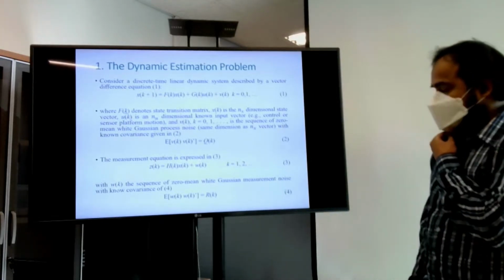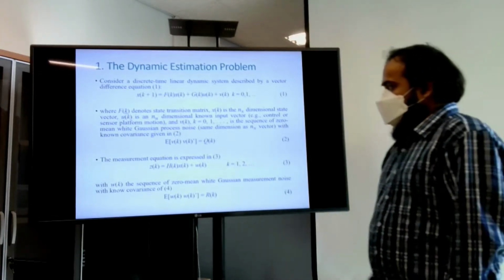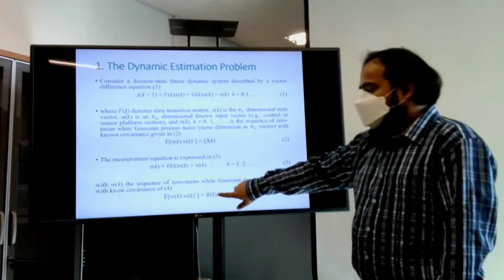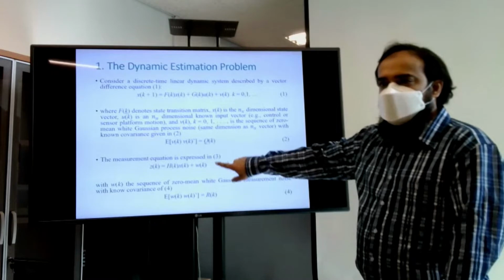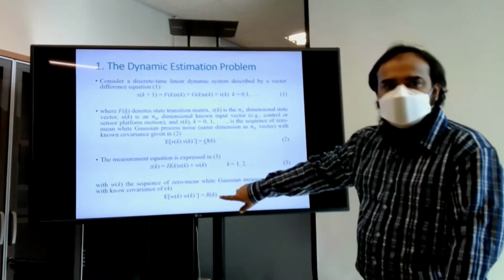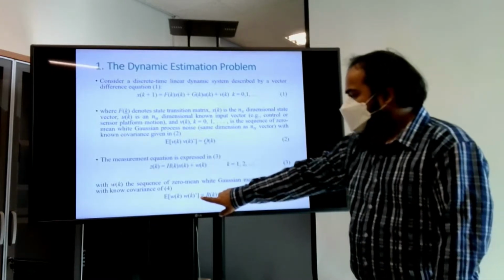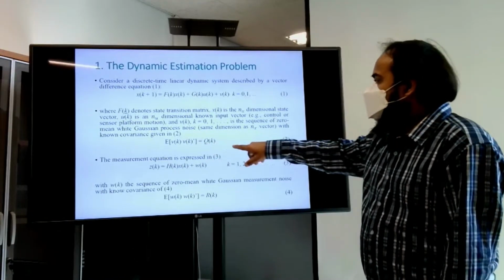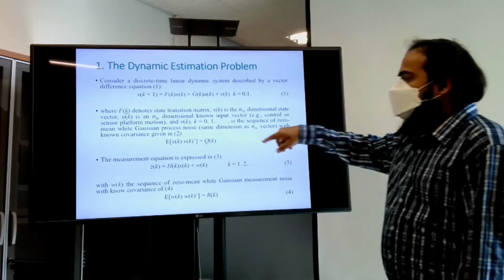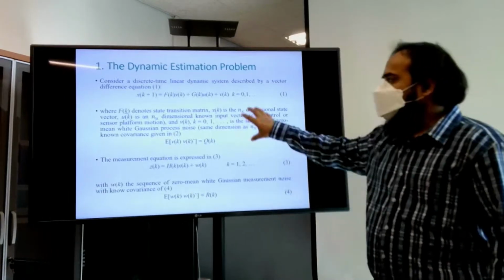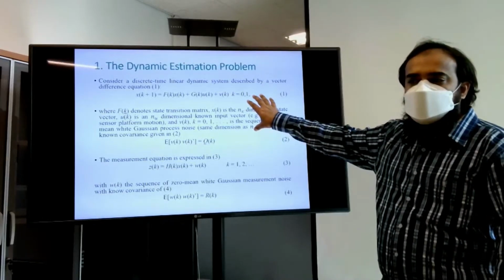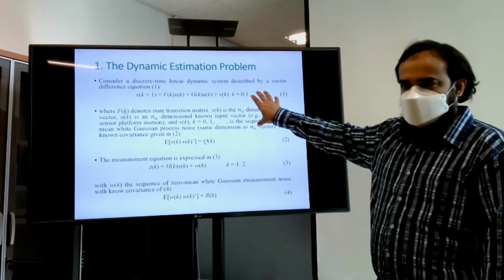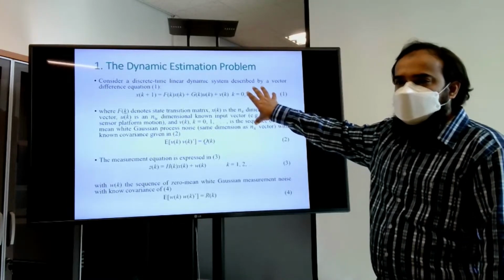Both noises are uncorrelated to each other. They are independent of each other. Rk is the measurement noise, and Qk is the plant noise, the dynamic model noise.